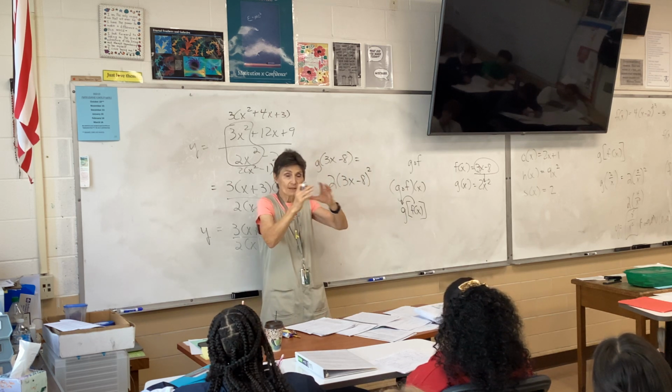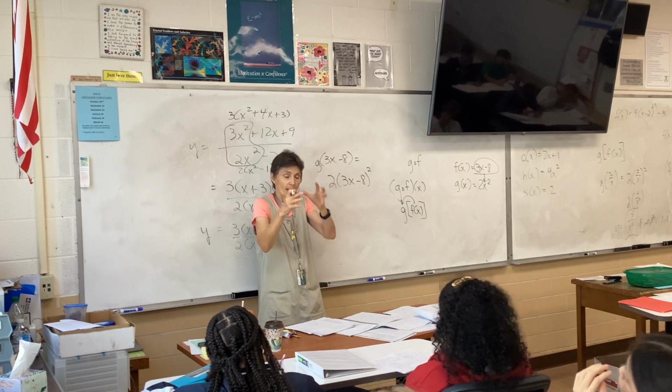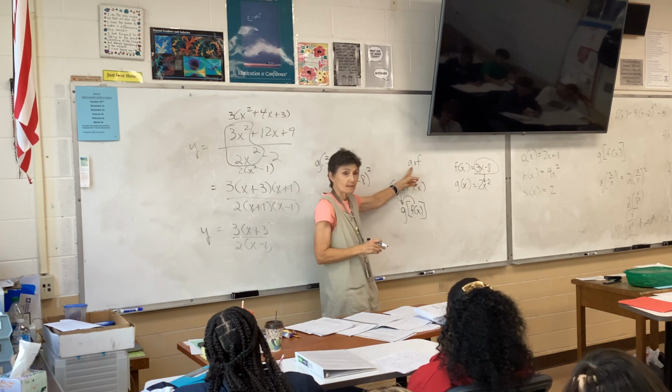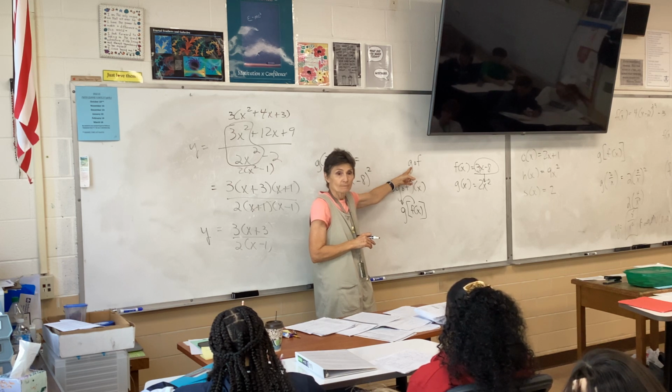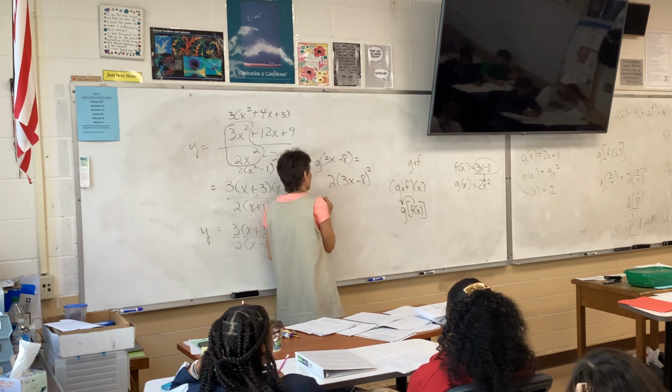Just take F, the F equation, and put it into G in place of the X. And then FOIL it out.